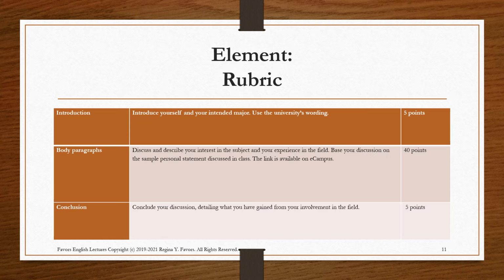points for the assignment, right? So the 5 points would be: introduce yourself and your intended major, use the university's wording, meaning that we want to get students into an understanding of tailoring, right? Tailoring to a specific audience. For example, you have some institutions and departments that will give you a bachelor's of science in business administration with a specialization in accounting.